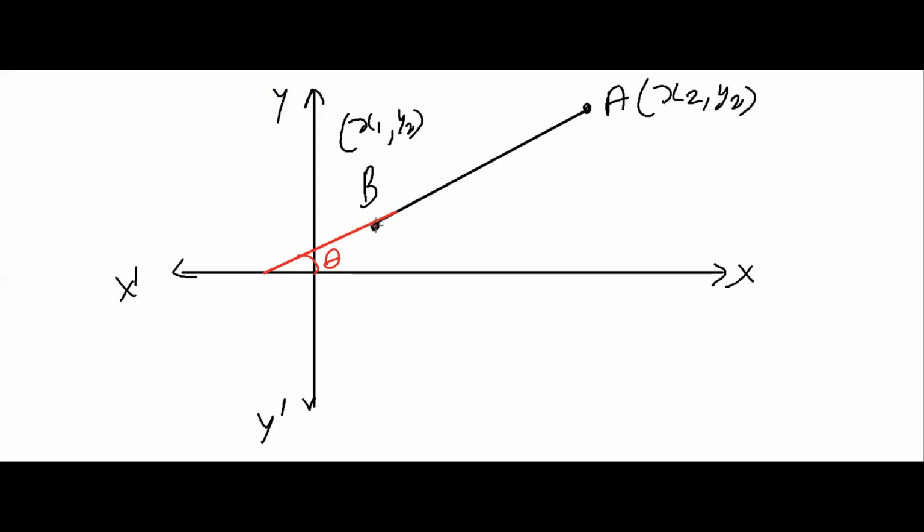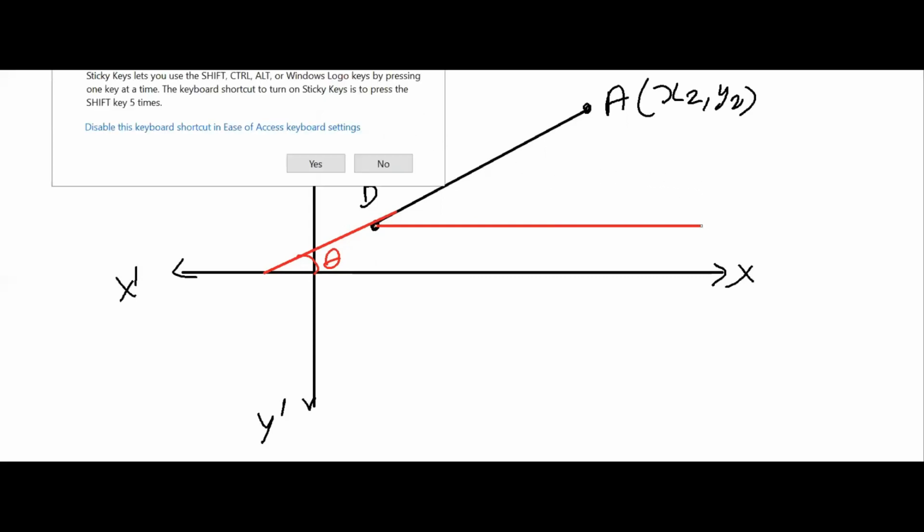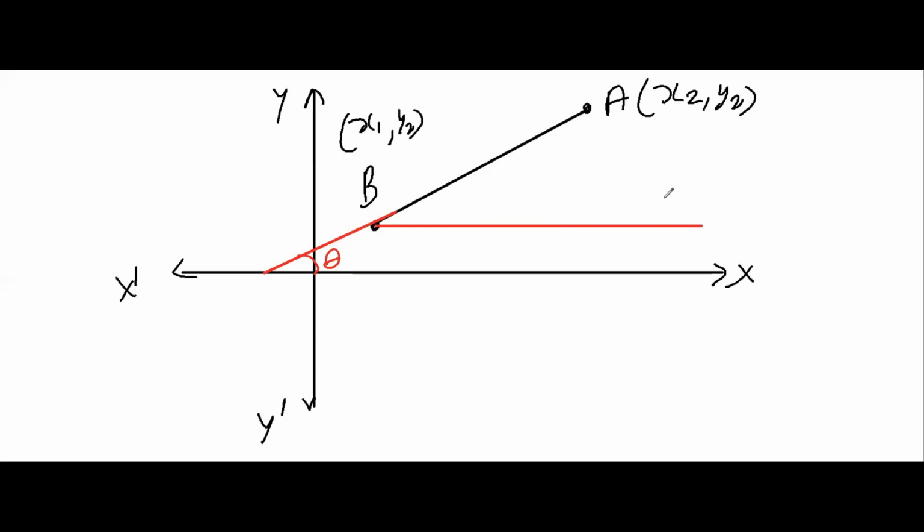Similarly, I can draw a line parallel to the x-axis from this particular line. So if this is theta, this will also be theta. I need to find the slope, so I will again draw a perpendicular line from this particular point. So this will be 90 degrees, this will be 90 degrees. If this particular point is x2, this will be x2.